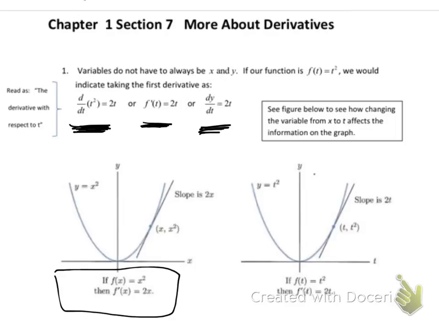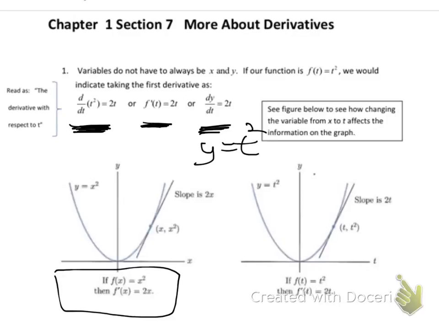So where would you come up with dy dt? That would be if the previous step had been y equals t squared. So your function is going to be presented as y equals t squared. If that's the case, you can write dy dt is, and then take the derivative using the power rule, 2t.